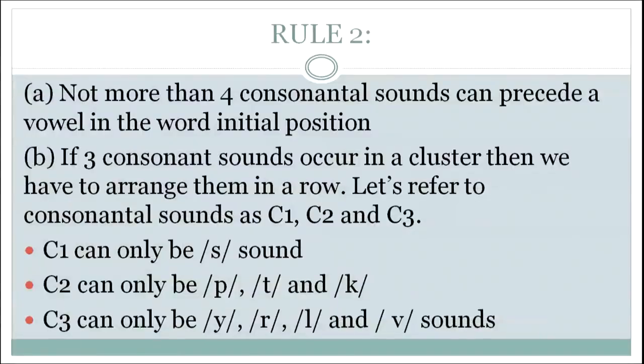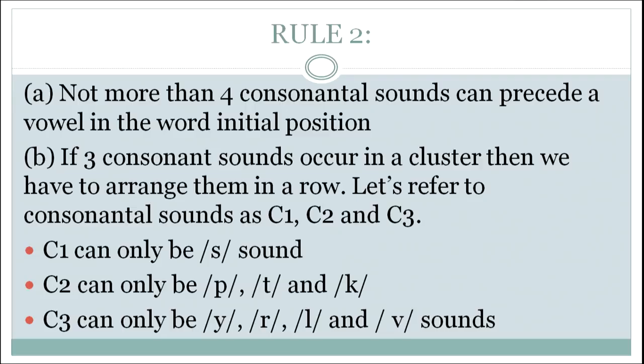So when we talk about another rule in Hindi, we can say that not more than 4 consonantal sounds can precede a vowel in the first initial position. And this is the same rule and it has a precondition, which is that if 3 consonant sounds are occurring in a cluster, then we have to arrange them in a row.